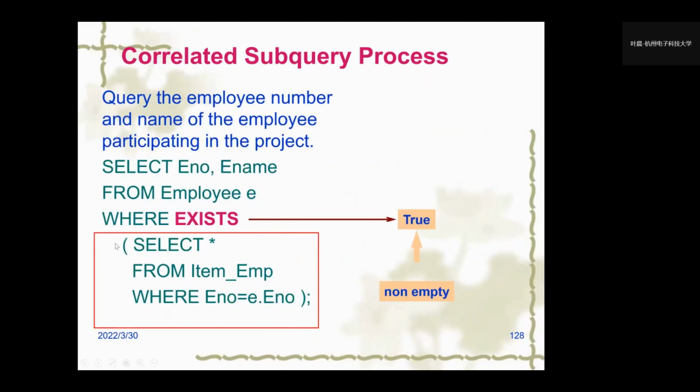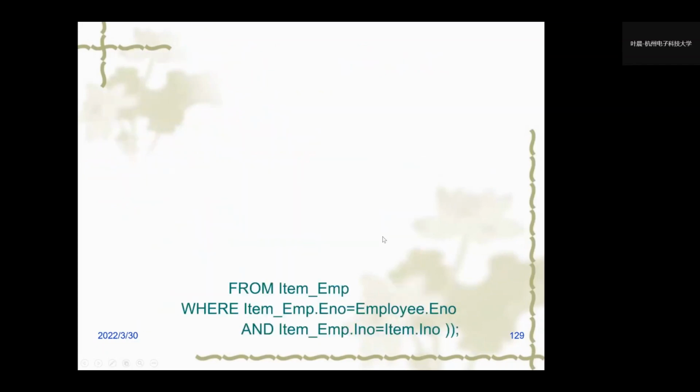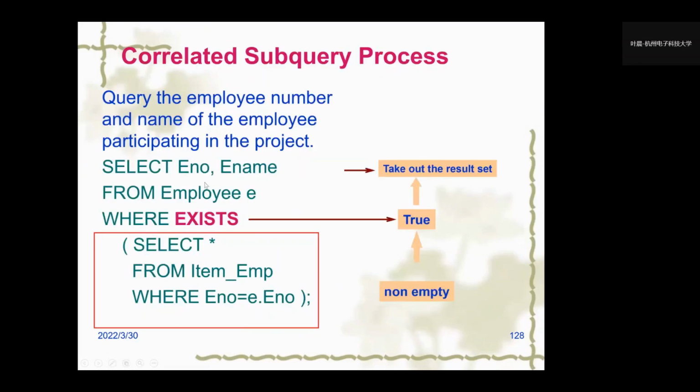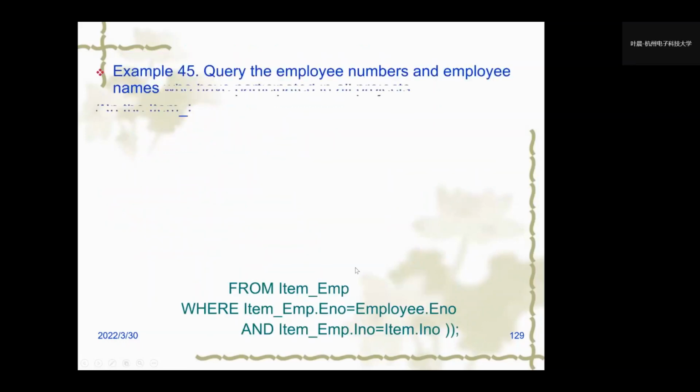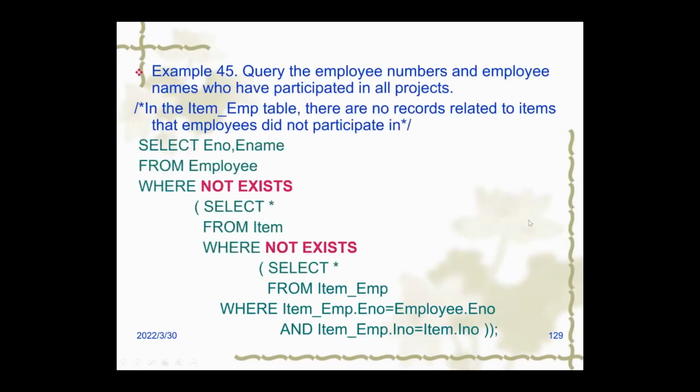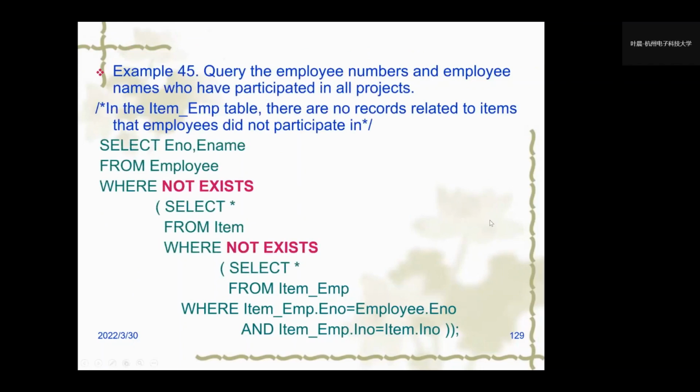First, we need to make sure that this subquery is not empty, so the exists will return true, and then this outer select query will take out the result set according to the result returned by this subquery. And here, let's see the result.